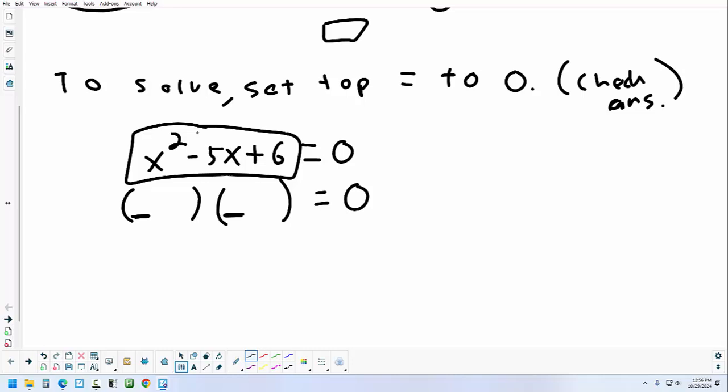So we have to find 2 things that multiply together to give you that. The first thing you start with is you put something in this box and you put something in that box that multiply together to give you the first term. So what are 2 things you can multiply together to get x to the second? X and X. Right. So you're going to need an x and an x.